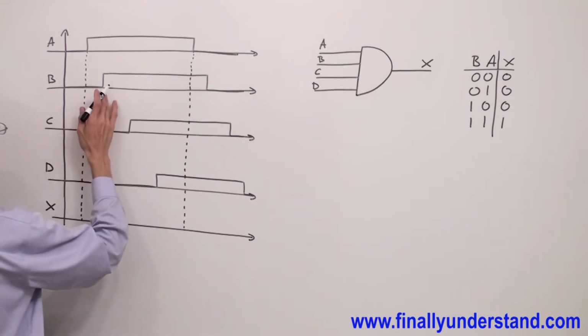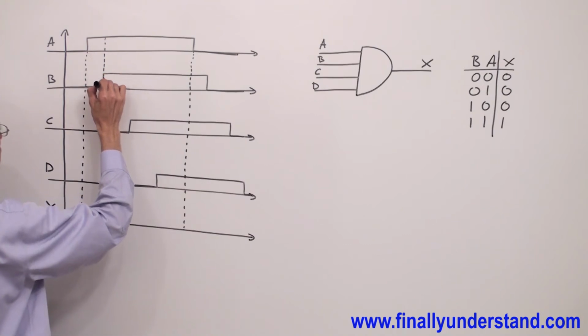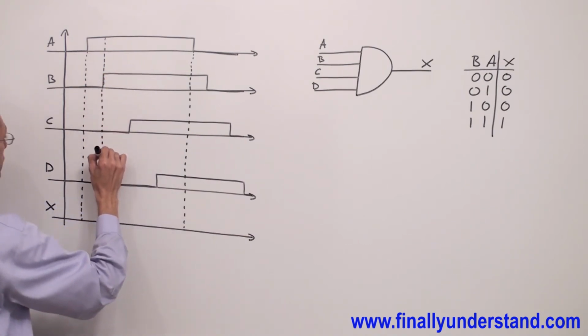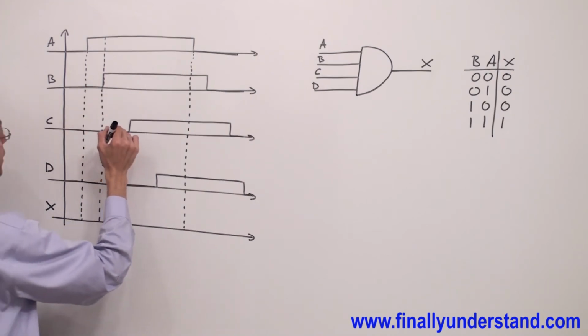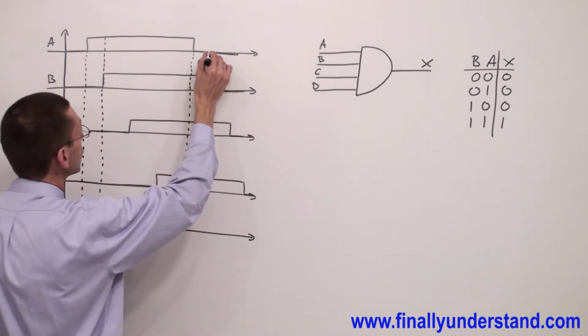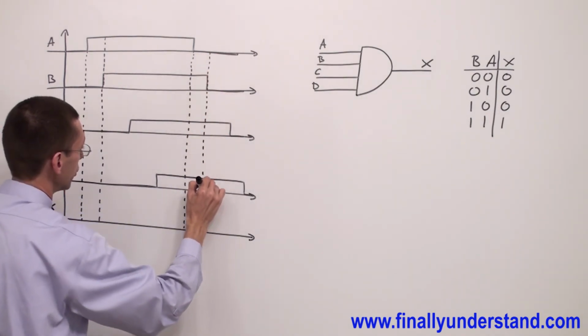Now let's take a look at waveform B. We have a dash line at this point because waveform B has a transition from 0 to 1, and we also have a transition from 1 to 0 at this point.